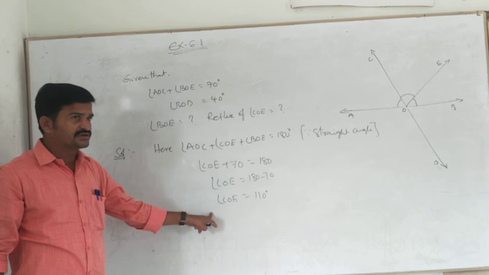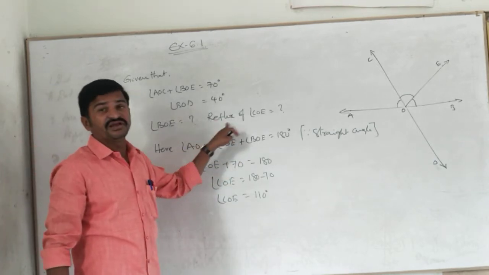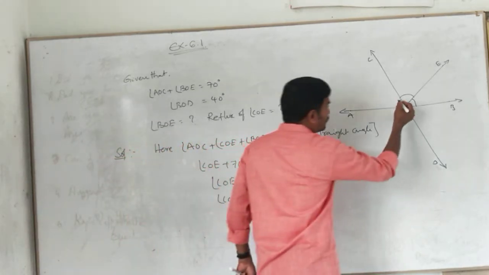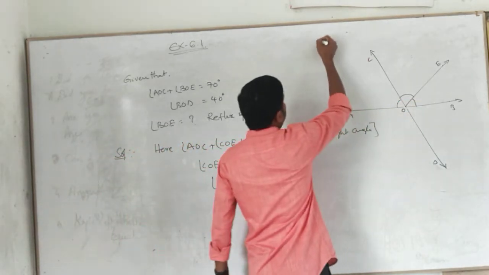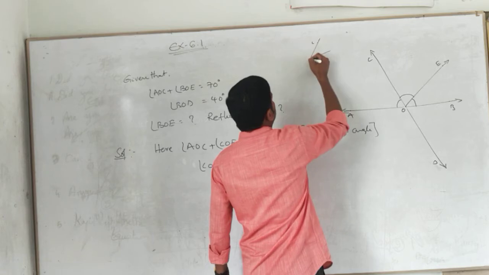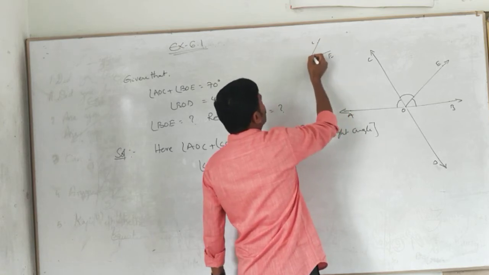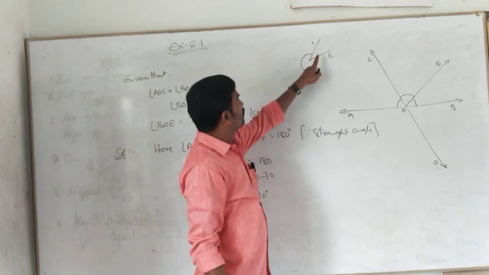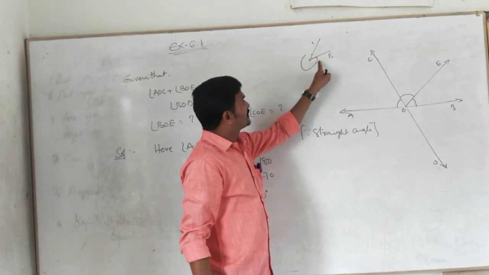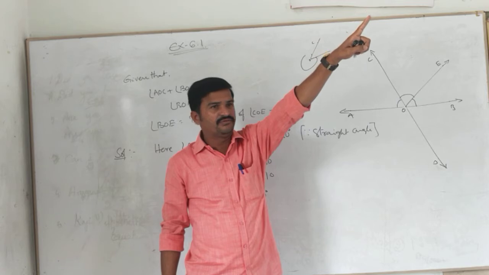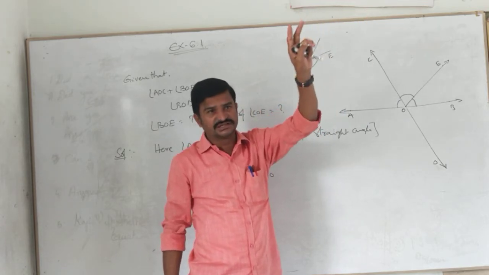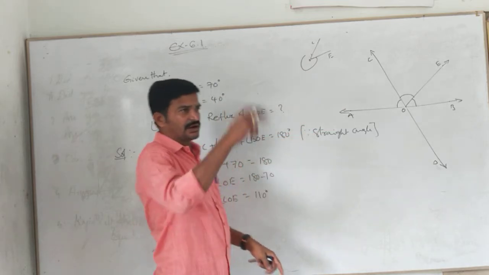Does he ask to find angle COE? He asks to find the reflex of COE. Do you know what is meant by reflex of COE? Reflex of COE means the complete angle, this angle. One angle and its reflex always add up to 360 degrees, then only it will complete one full angle.